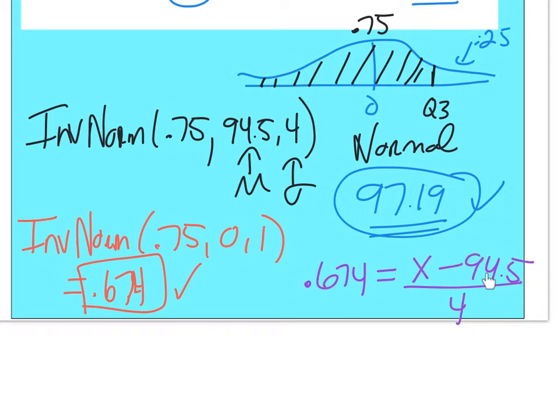I would come and I would add 94.5 to this side. And when you do that, you're going to end up getting that quartile 3 is 97.19. So this is another way of doing it. It is worth understanding the second perspective, because sometimes in multiple choice questions, the only way you could do it would be to reverse from the z-score and find the actual value using that application.